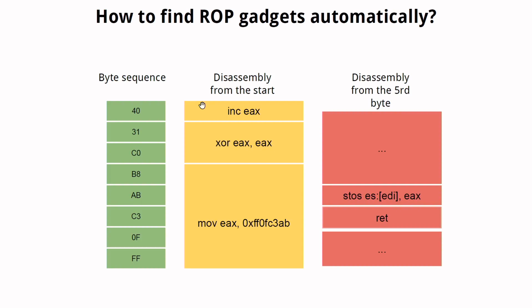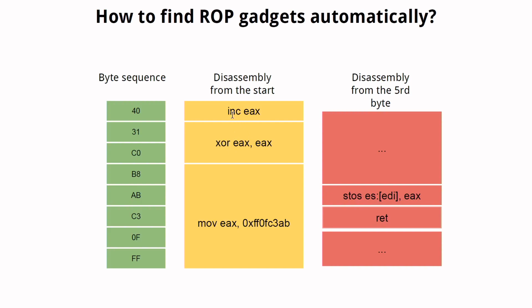So how do those tools find the ROP gadgets automatically? So say here, let's say we have some byte sequence, right? Those are code. They have this value just byte by byte. So let's say if this is the assembly, this is what the compiler generated.